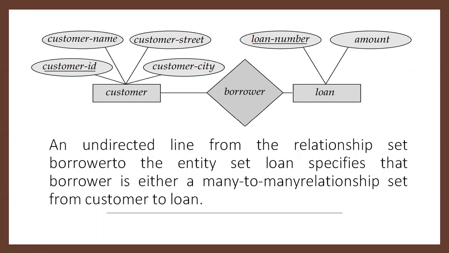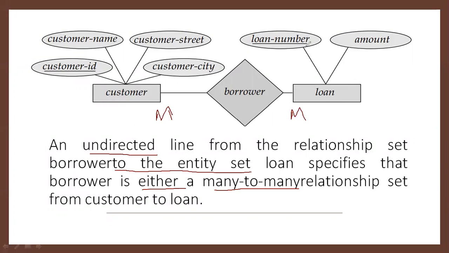An undirected line from the relationship set borrower to the entity set loan specifies that borrower is either a many-to-many relationship set from customer to loan or loan to customer, both sides same, many to many. For many to many, there is no arrow at either side.